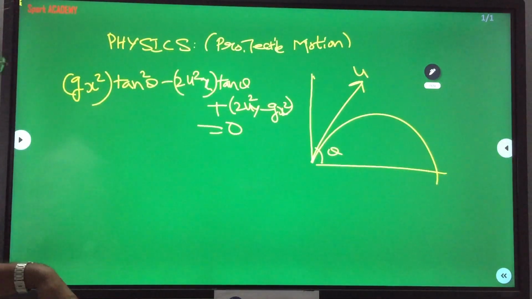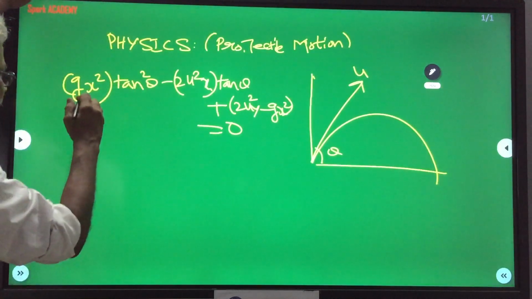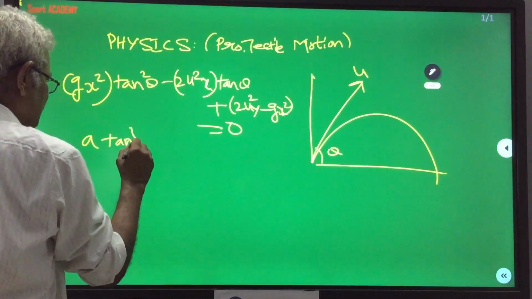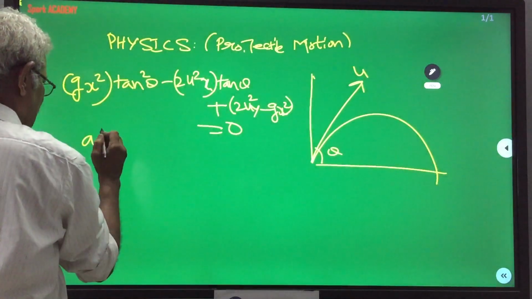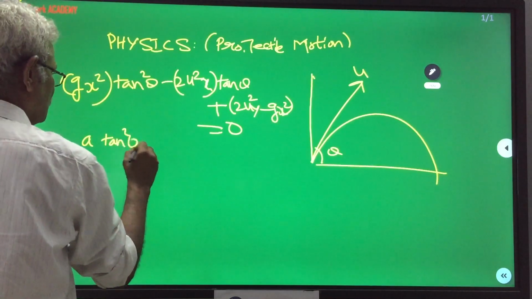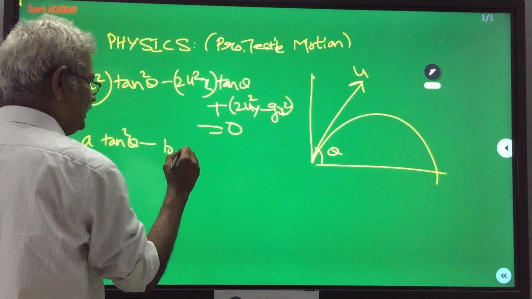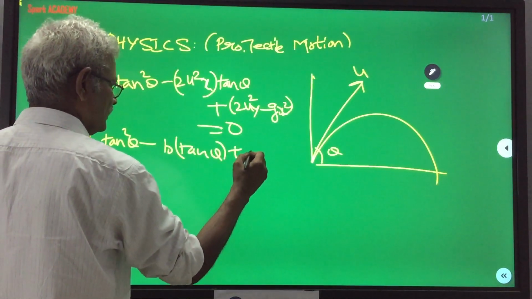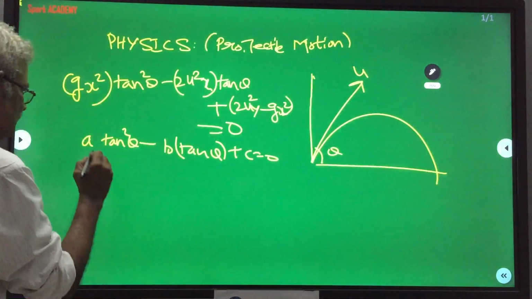Why are all these things required? To know that this is a tan square theta minus b tan theta. That means what is A?